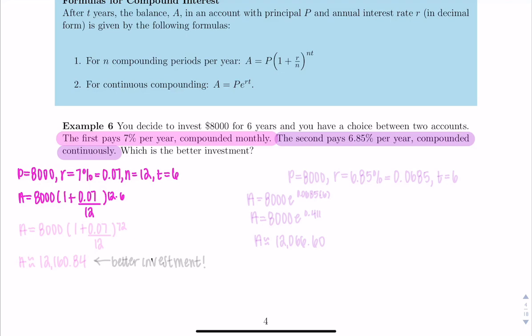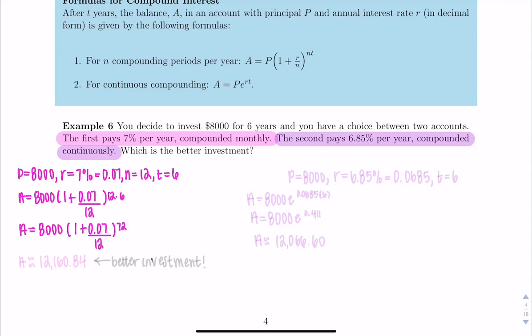Then we just want to simplify. So A equals 8,000. We have 1 plus 0.07 divided by 12, all raised to the 12 times 6, which is 72.